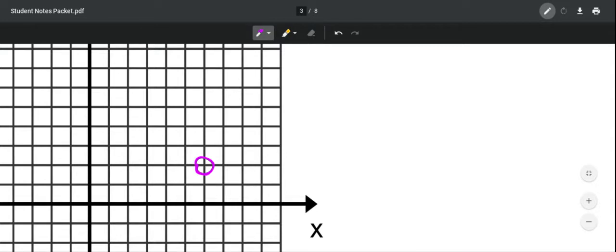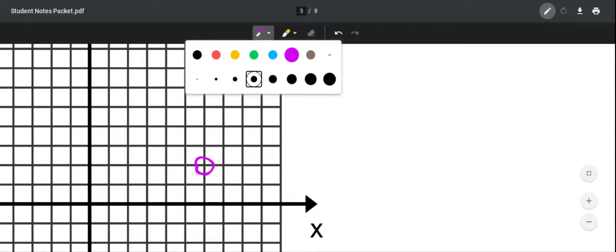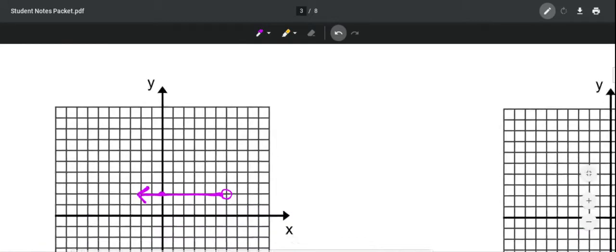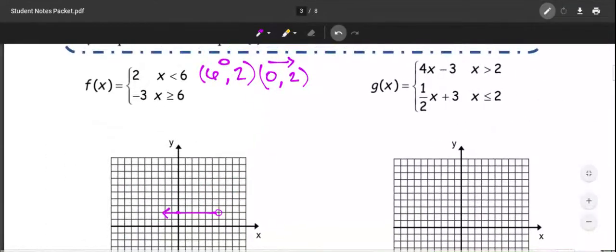There, that's a little better. So now it says 0 was also 2. Whoops. And that is where I'm going to draw my arrow. So it's not an open circle. It's just a point on the graph. So it's my arrow. Okay.